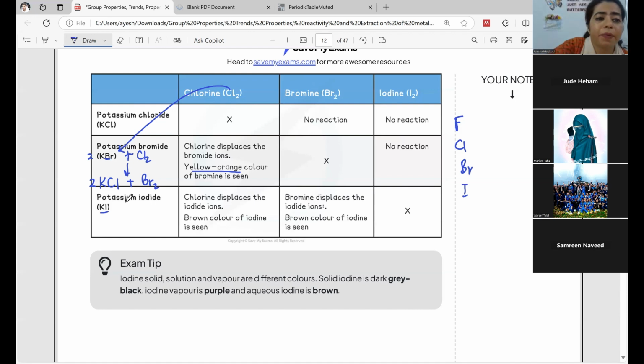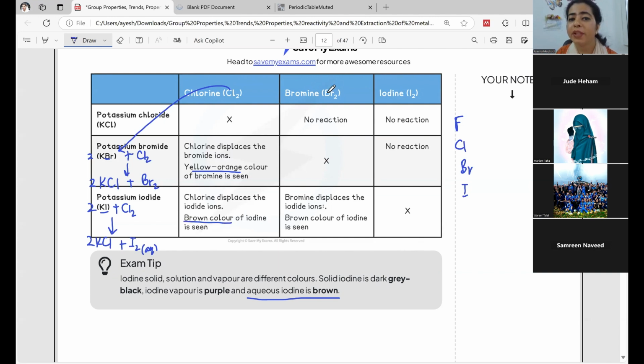When this reaction happens, it will be 2 KI with chlorine giving us 2 KCl with iodine in the aqueous form. We just said above that when iodine is in the aqueous form, it is going to be brown in color. So the final color, because of this iodine, will be there in the solution, and that will be brown.